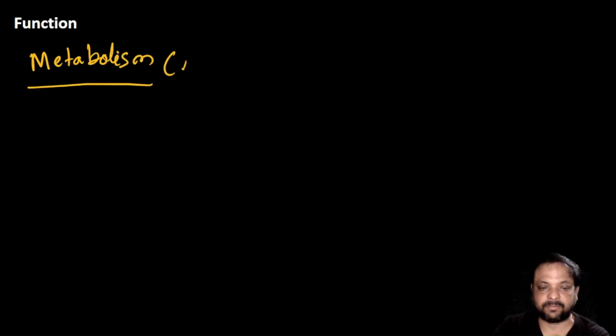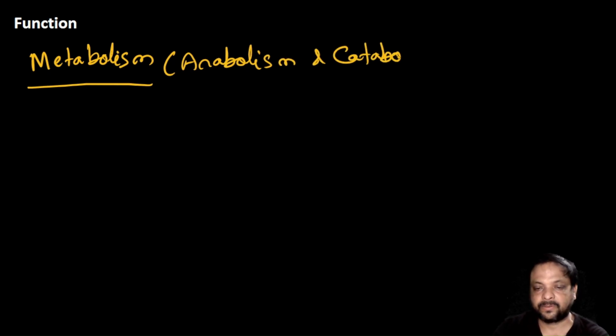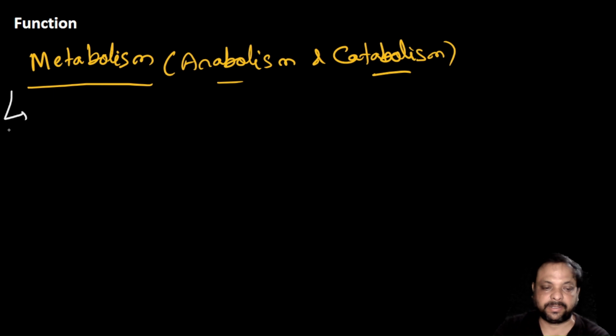Okay, move to the third function, that is called metabolism. So what is metabolism? Anabolism and catabolism. So what is anabolism? Synthesis, and catabolism is breakdown. So normally what happens, this particular hormone has three processes.